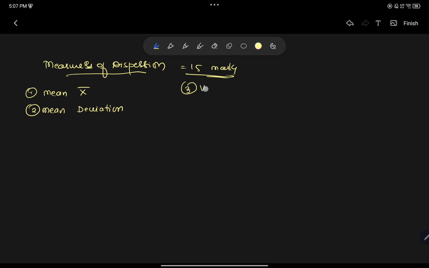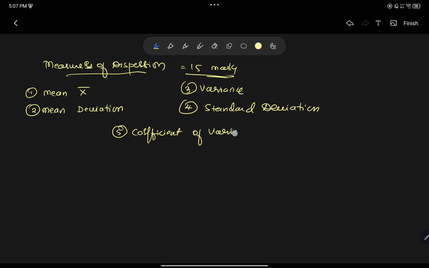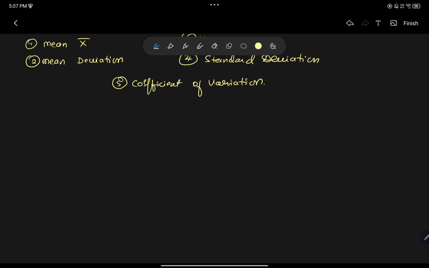Next is variance. Third, variance. Fourth, standard deviation. Fifth one is coefficient of variation. So these 5 things we will be solving in one question for individual series.